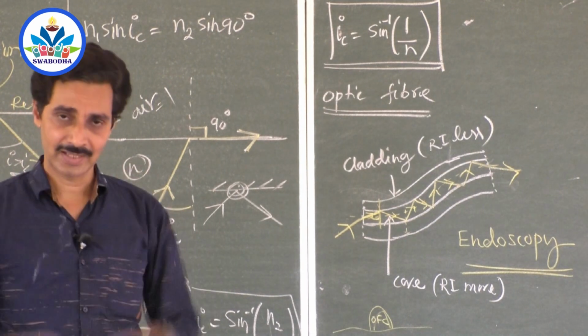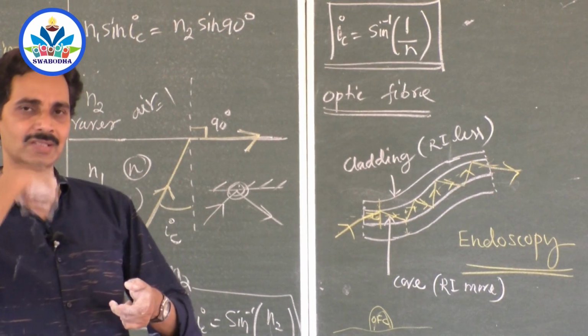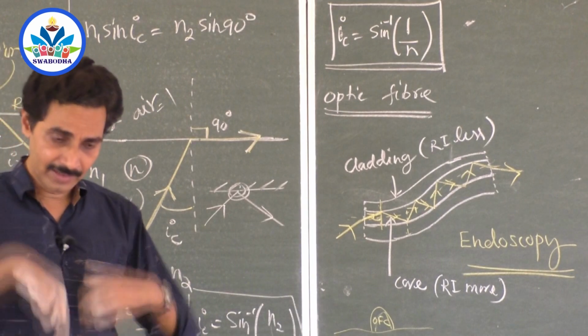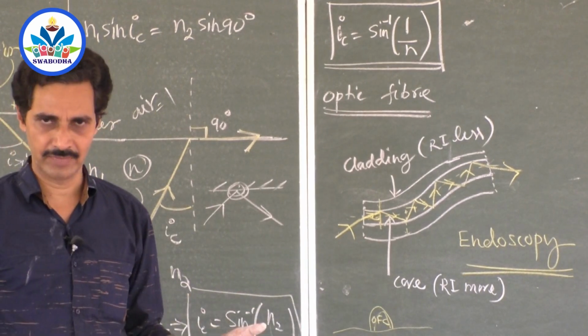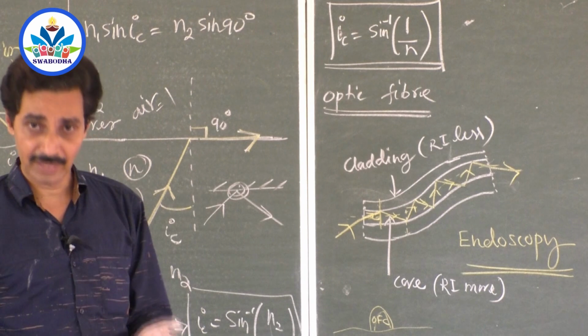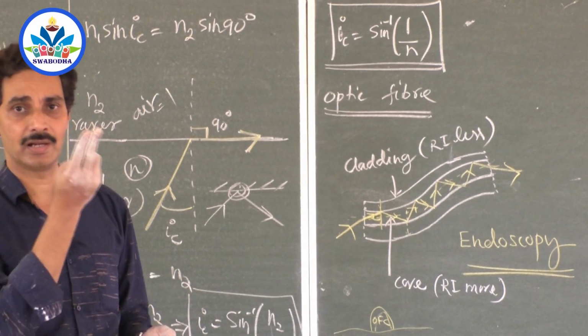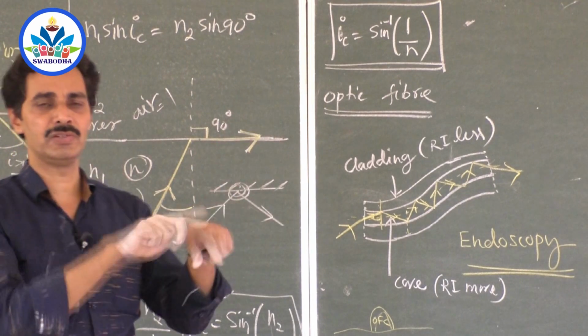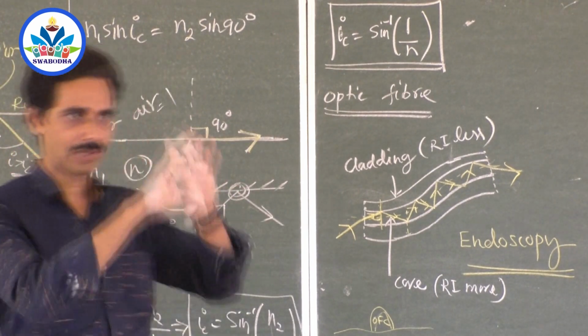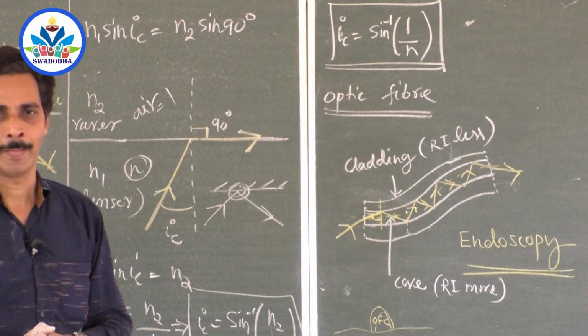How? So the cables are sent. In one set of cables, they will send the light. That light enters into the stomach and gets spread everywhere. And the reflected light from the parts inside will be taken through another set of cables, and it will be given to some electronic equipment, and you can see what is going on inside the stomach.